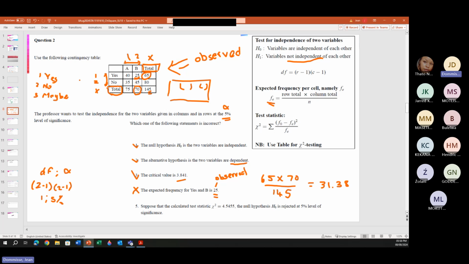And you can see this is very similar to what we did in study unit 4 when we looked at probability. We also had a table with 2 or 3 variables, and we did probabilities of that. Now we're taking it a bit further to test for independence.